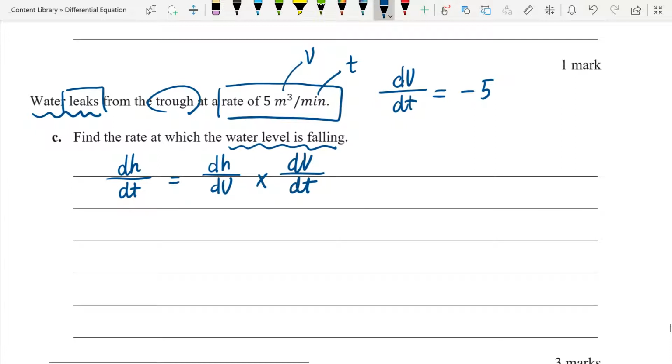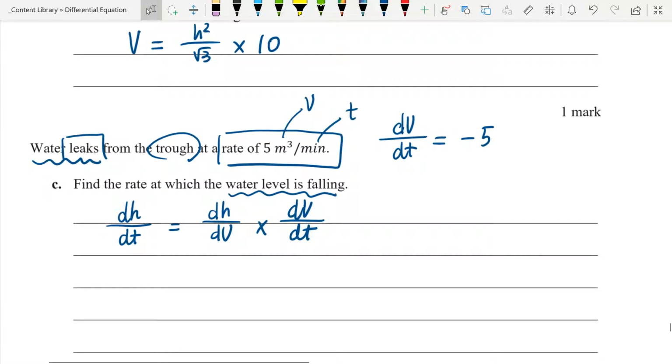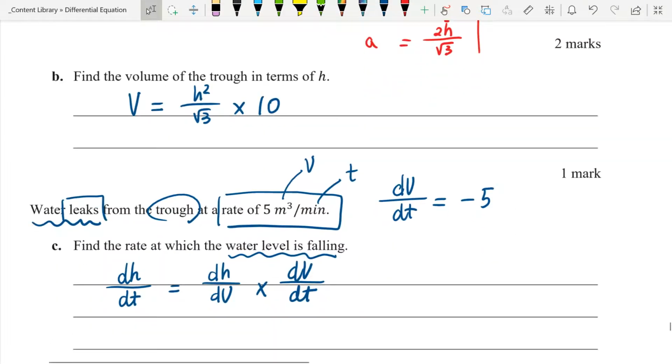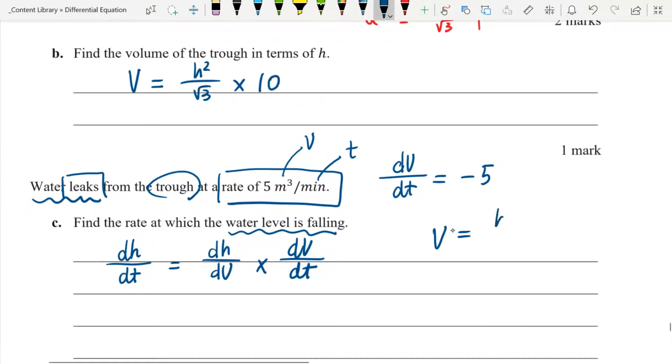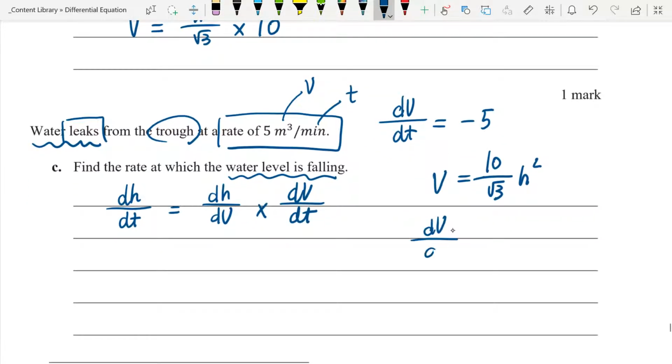We have dH/dV times dV/dt. We know dV/dt is negative 5, and we have a relationship between V and H, so we can work out dV/dH here.